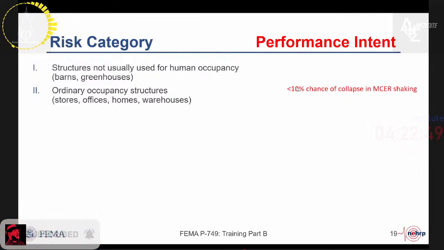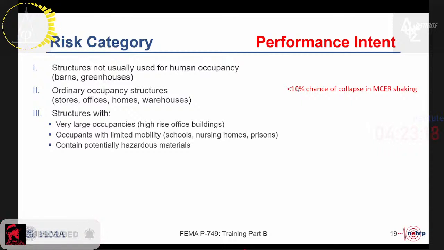MCE shaking is a very rare level of shaking. In most parts of the United States, MCE shaking has an average return period on the order of a few thousand years. And the specific return period at a given site in the United States is going to depend on the seismicity in that area, but typically it's going to vary from 1 to 3,000 years.